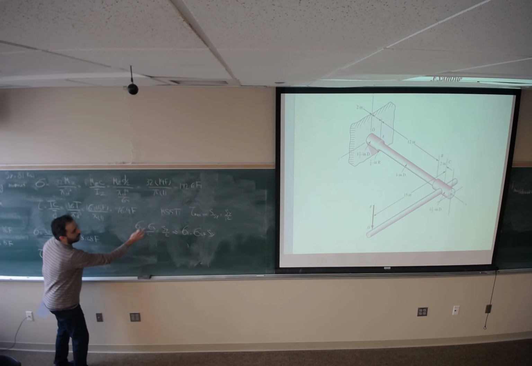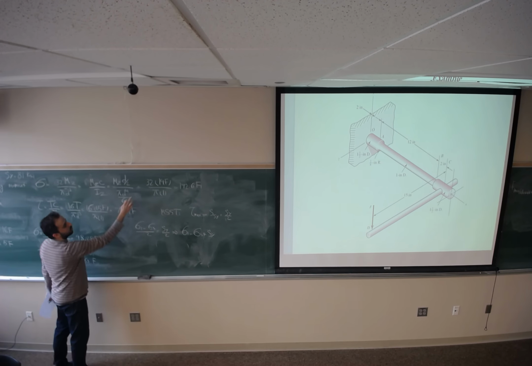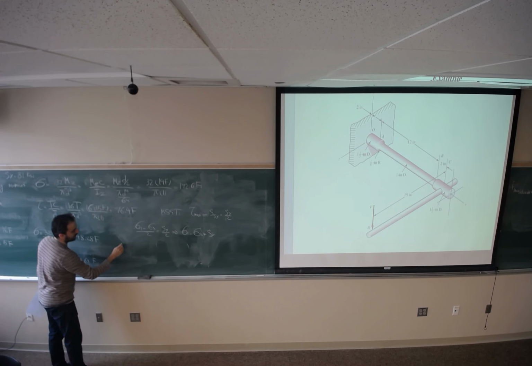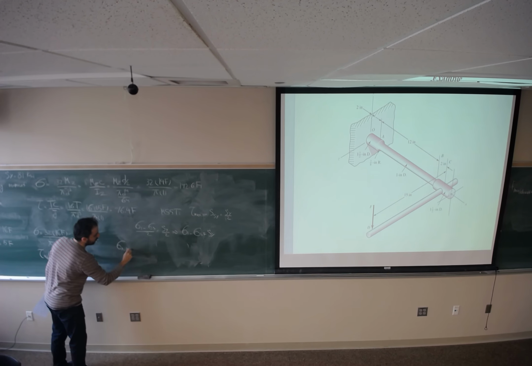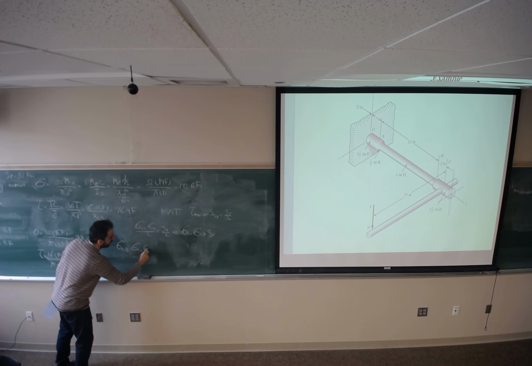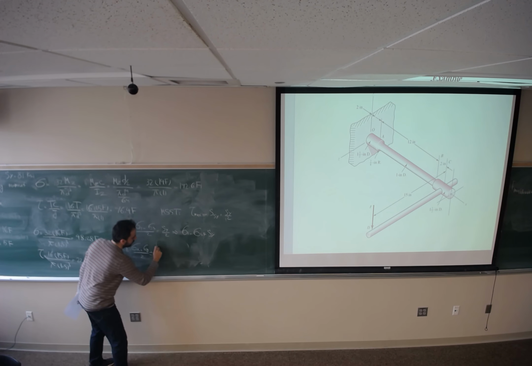How can I find sigma 1 and sigma 3? First, I should find the principal normal stresses. Sigma A and B would be (sigma x plus sigma y) divided by 2, plus or minus the square root.